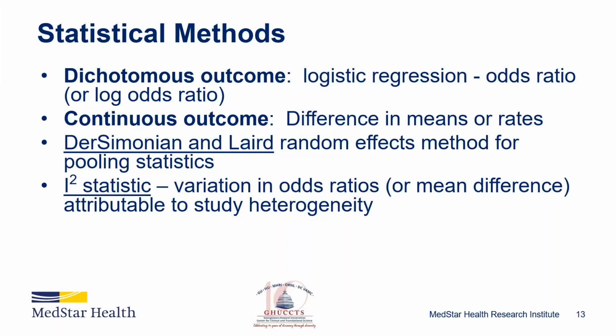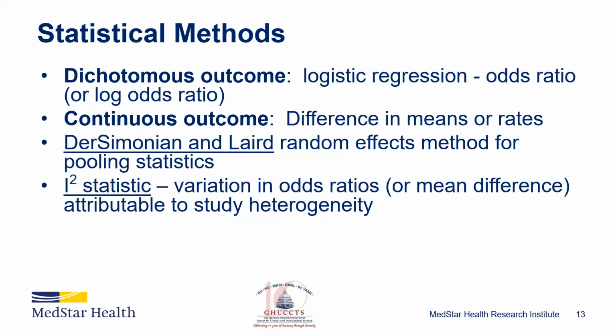And that's going to tell us how much of study heterogeneity, or how much variation in the odds ratios or mean difference, is attributable to differences between the studies. In other words, is it basically going to be due to random sampling variability, or is it going to be due to actual differences in the studies?